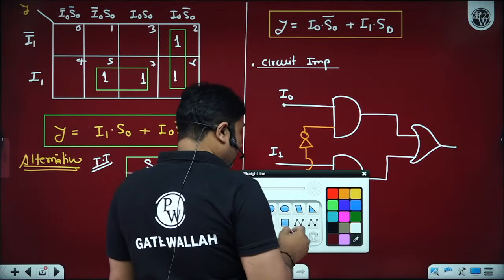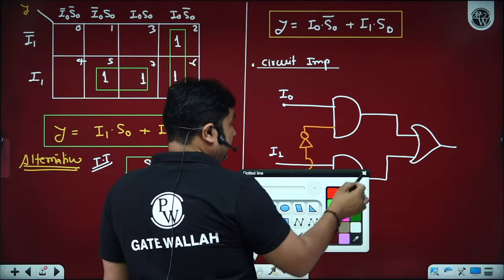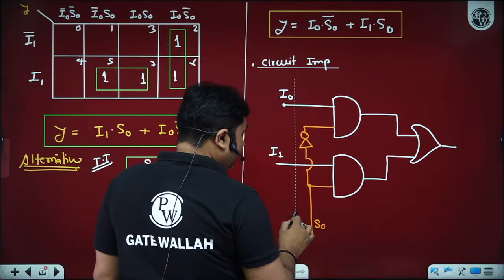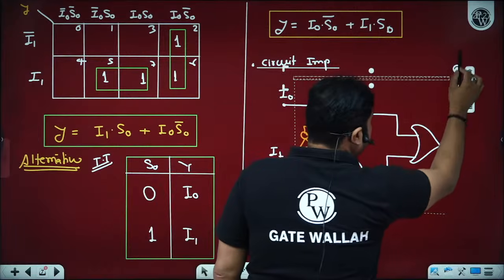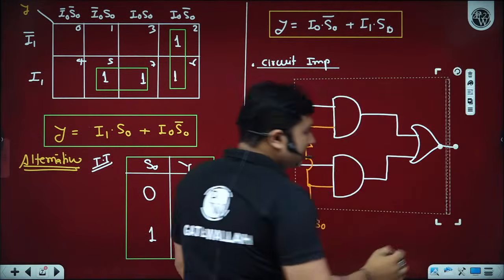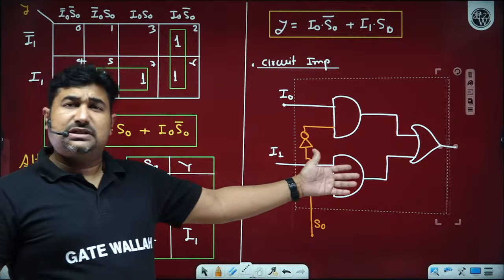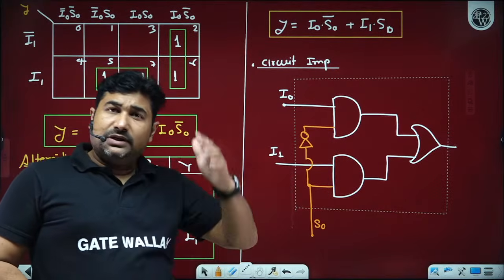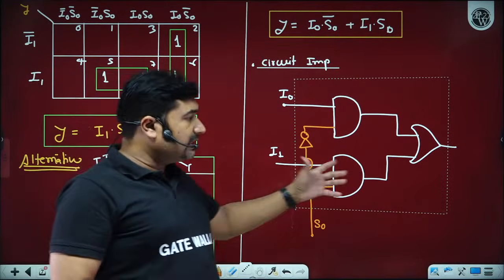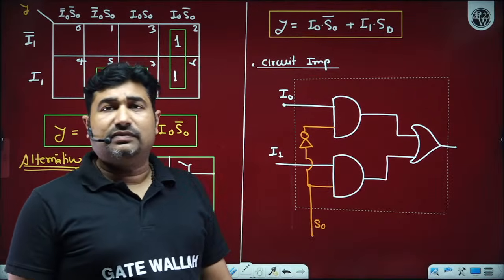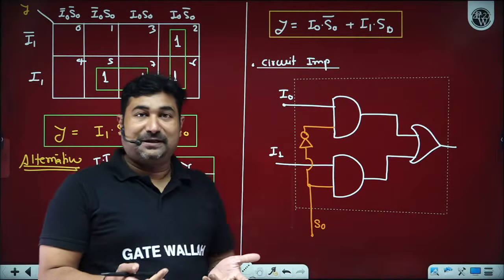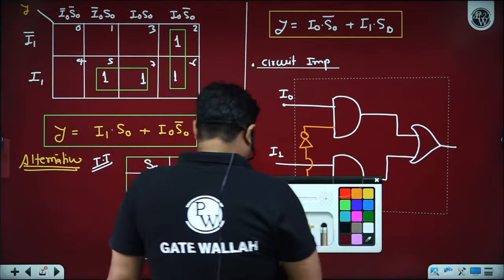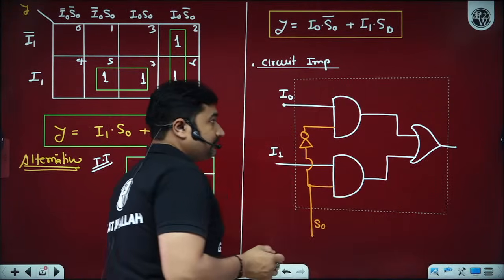How many of you can now understand the circuit of a 2x1 mux? A very important circuit. It is used in banking systems, in your ATMs, and basically in digital lockers. So there are a lot of uses of the multiplexer.